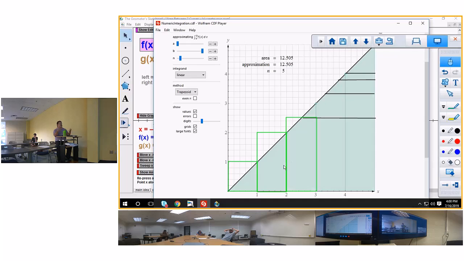Does everybody understand that concept? This rectangle plus this rectangle plus this rectangle, that's called Riemann's sum. And I add this one up, I add this one up, I add this one up, I add this one up. Okay, that's Riemann's sum.